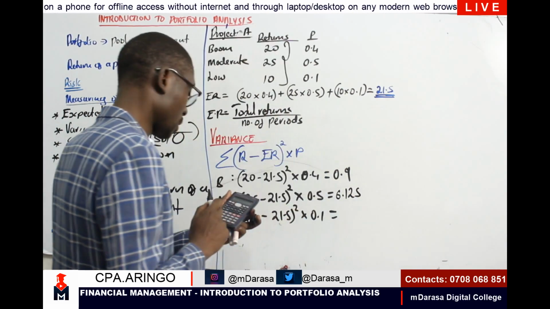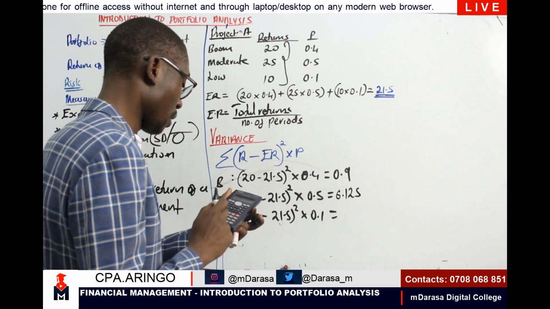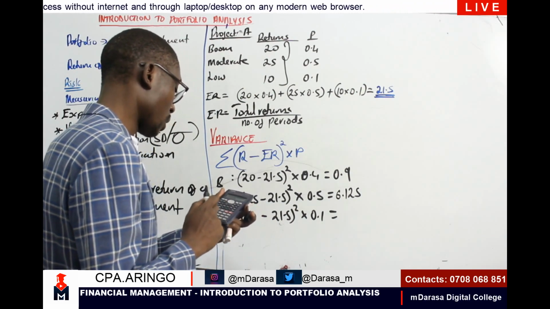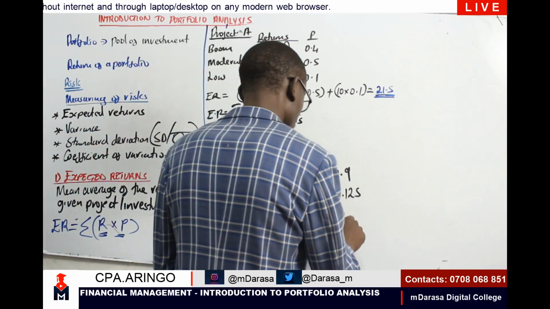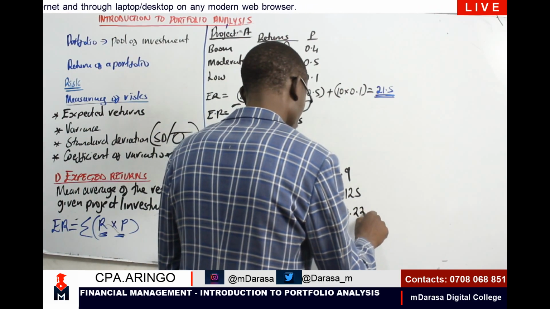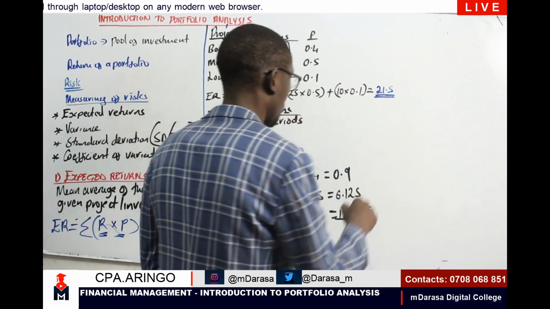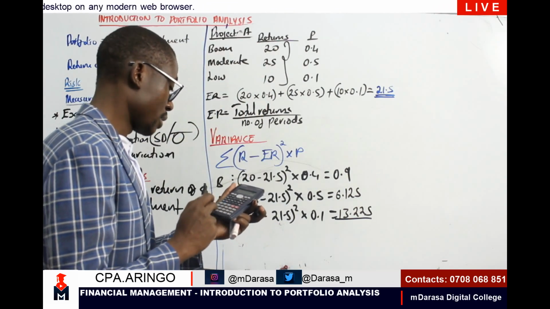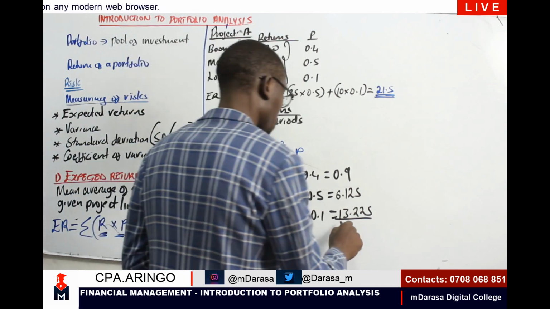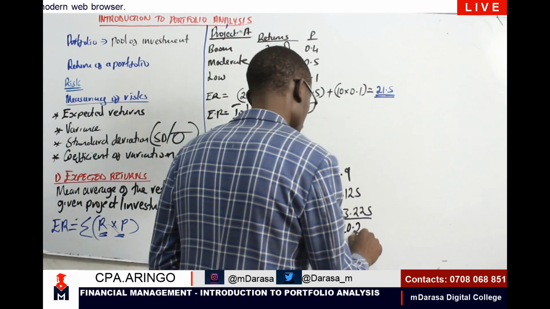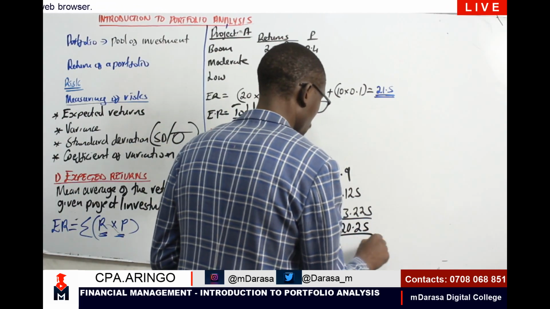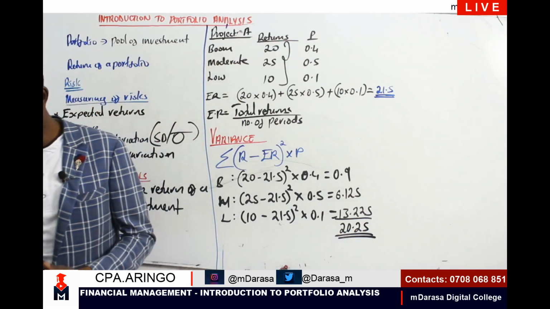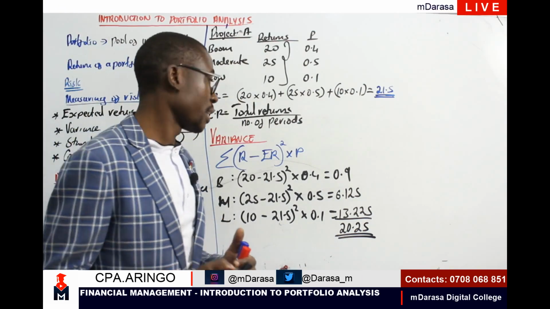And the last one, 10 minus 21.5, we square that one, times 0.1, that should give me 13.225. So if we sum it up, 6.125 plus 0.9 plus 13.225 gives me a figure of 20.25. This will be our variance.